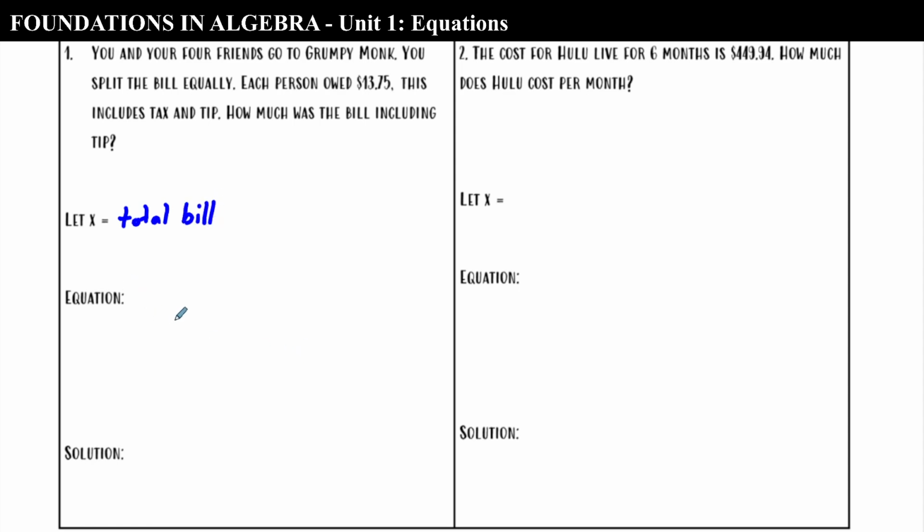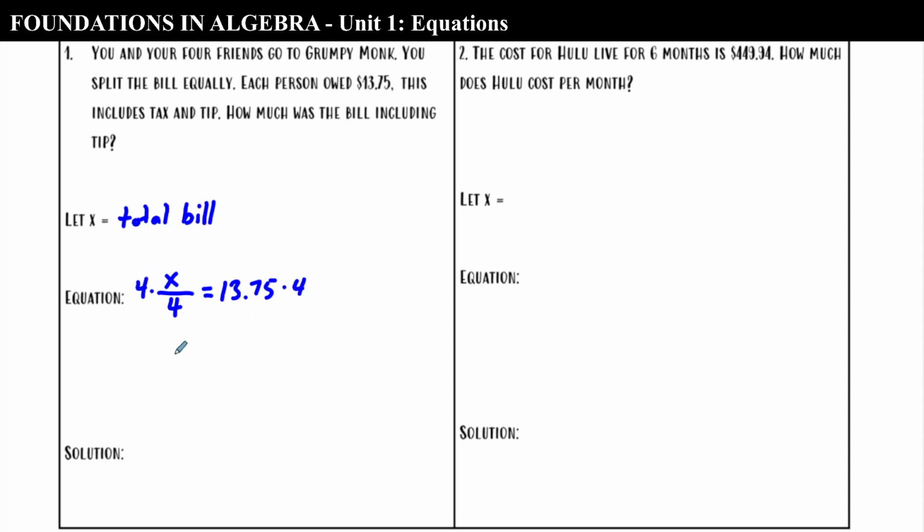So from here we're going to come up with an equation. Well, the total bill is what we don't know. That's our x, and we know that we split it amongst 4 people, so we divided it amongst 4 people. And the total bill, well, when we divided amongst 4 people, it was $13.75. So to solve this, we're going to multiply each side by 4.